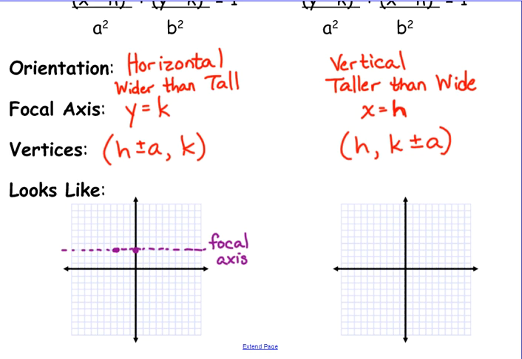So I have a vertex there and a vertex here. Depending on what b is determines how tall it's going to be, but I'm just going to sketch this in here. There's a rough sketch of an ellipse. So this point right there in the middle is the center, and these are the vertices.